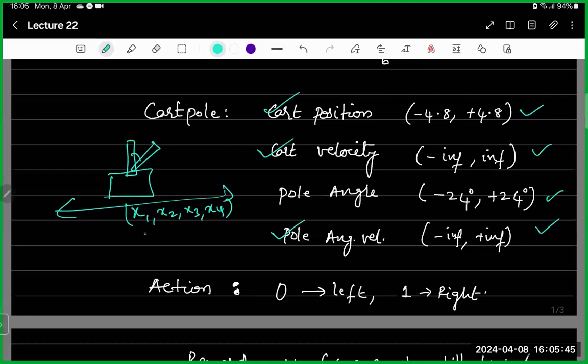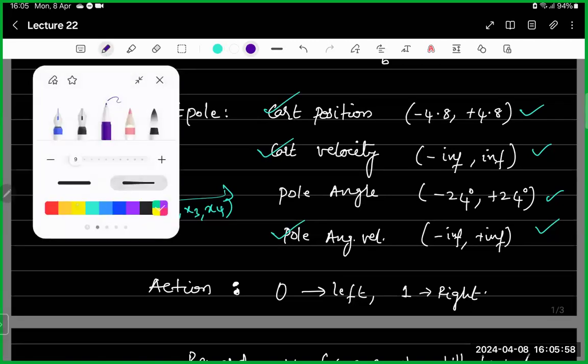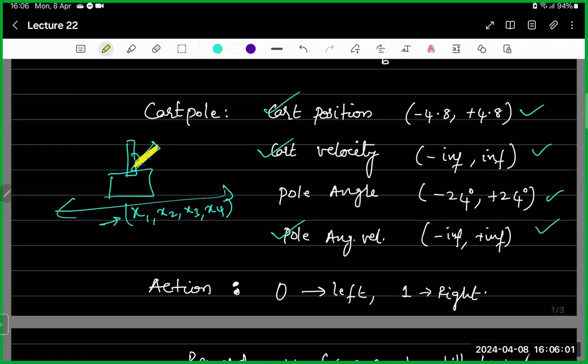So you represent the state of this cart pole using these four features, and the actions will be, for example, if the pole is in this position, what is the right action to take? You have to move right, to balance the pole. So based on this feature vector, you have to decide whether to push the cart to the left or to the right. Okay. So you have two actions, the left action and the right action. Okay.